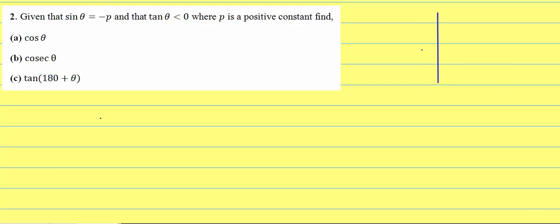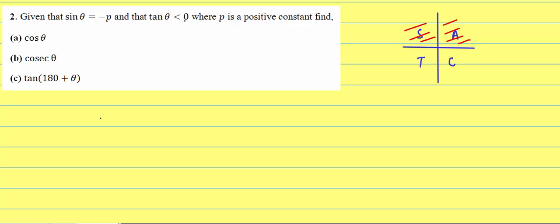So if I draw the cos diagram here, and again I'm going to label the quadrants. Now we know that sine theta has got to be negative, so theta cannot lie in these two quadrants here. Here all the trig ratios are positive, and here sine is going to be positive. So I'm going to eliminate those two straight away. The next condition says that tan theta has to be less than 0.